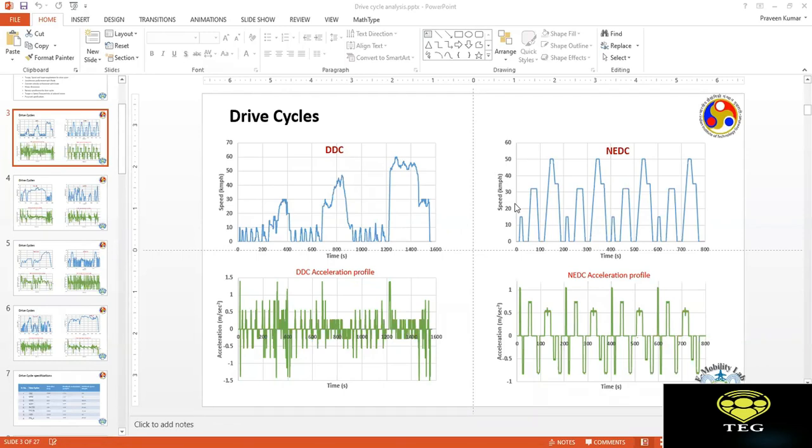That's the reason why designing or choosing a prime mover and matching it with a proper drivetrain becomes critical and essential for deploying a vehicle in a given traffic condition. That is why the drive cycle analysis becomes extremely important. Now, having said that, what do you think are the other major critical issues that we need to keep in mind?